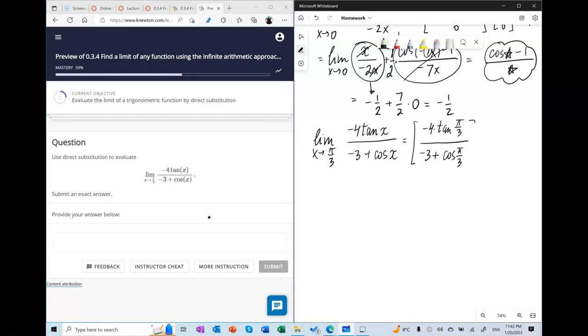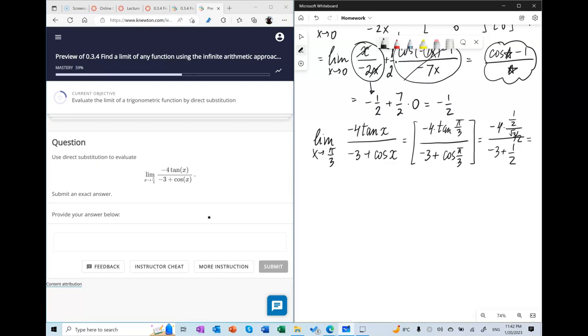In this case, we have cosine of pi over 3. Cosine of pi over 3 is 1/2. And tangent of pi over 3, it's 1/2 over square root of 3 over 2.